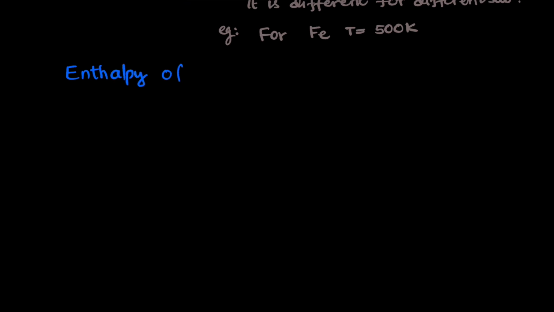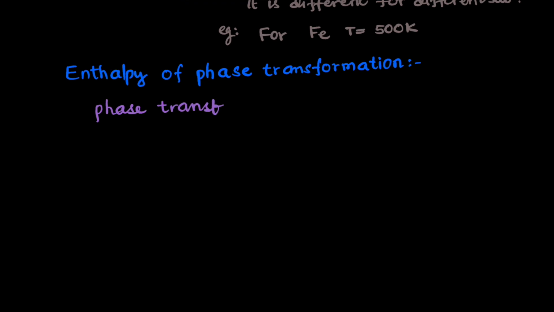Next, enthalpy of phase transformation. First, we should know what a phase transformation is. For example, solid converting into liquid is one of the phase transformations. Any one physical state converting into another physical state is called a phase transformation.